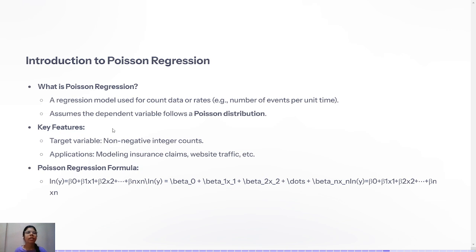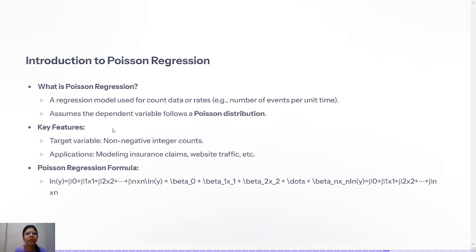Then here is the introduction to Poisson regression. So what is Poisson regression actually? It is a regression model used for count data or rates, the number of events per unit time, and it assumes the dependent variable follows a Poisson distribution. The key feature here is a target variable which is a non-negative integer count.